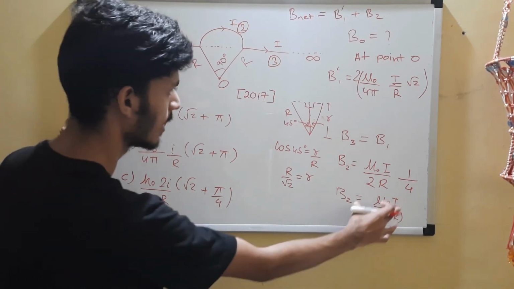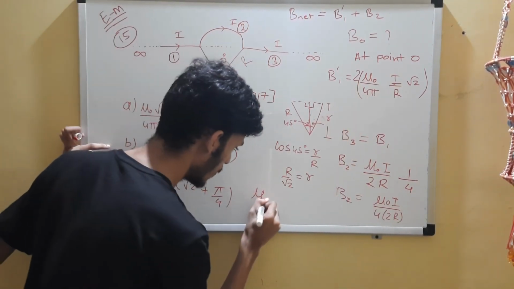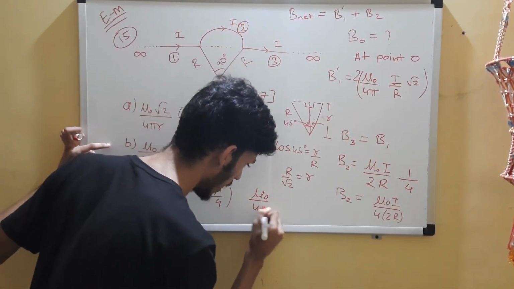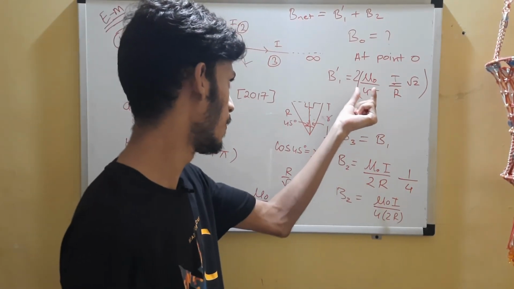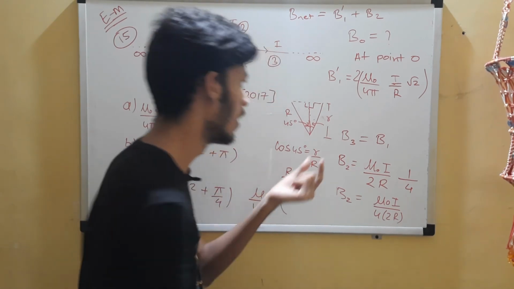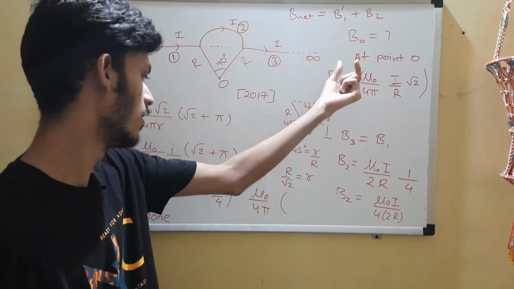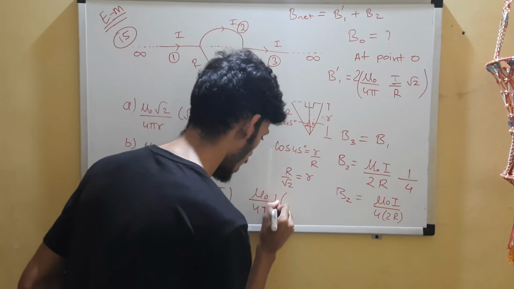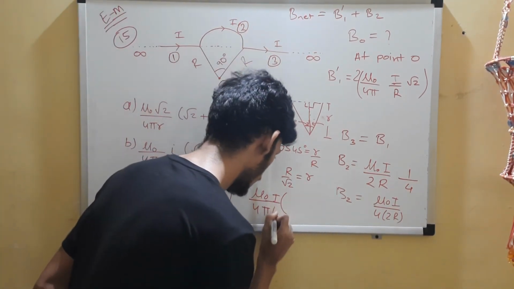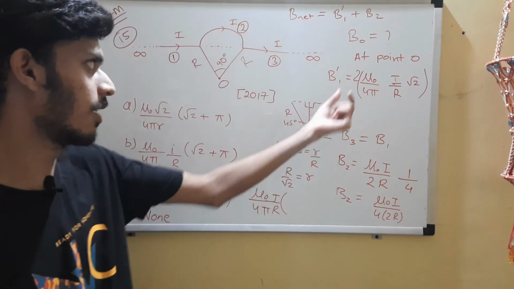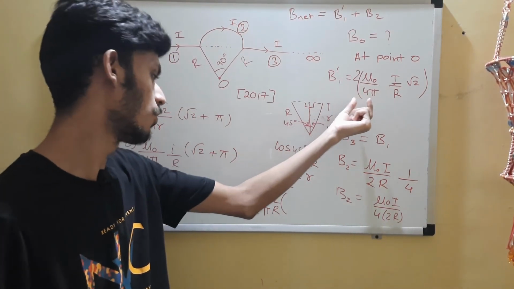So I am adding this and this, keep in mind. So mu 0 upon 4 pi, if we take common from both the things, mu 0 is common, 4 pi is common, what will be left with? So I is also common, good enough. R is also common. So these things I have taken common, mu 0 I upon 4 pi r.